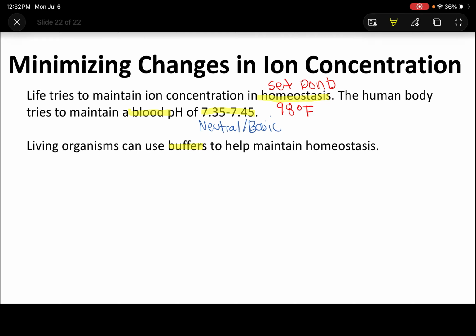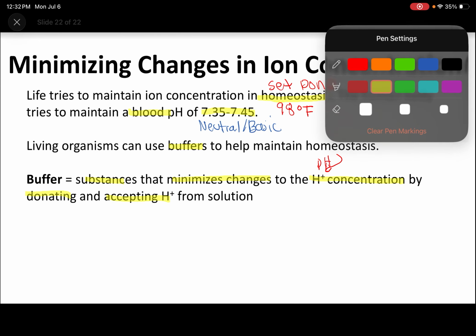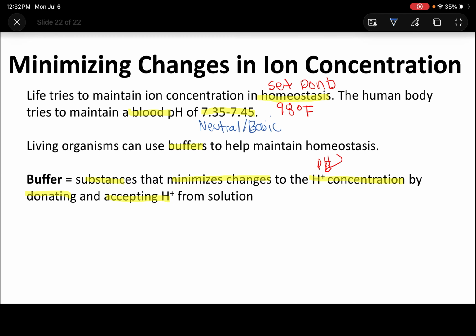Buffers are defined as substances that minimize changes to the hydrogen ion concentration. Remember, pH is a measure of how many hydrogen ions we have. And buffers do this by either donating hydrogen ions or accepting hydrogen ions in a solution. For example, you should never do this, but let's imagine that we drink a big glass of hydrochloric acid. Hydrochloric acid is a strong acid, meaning that it easily gives away these hydrogen ions.